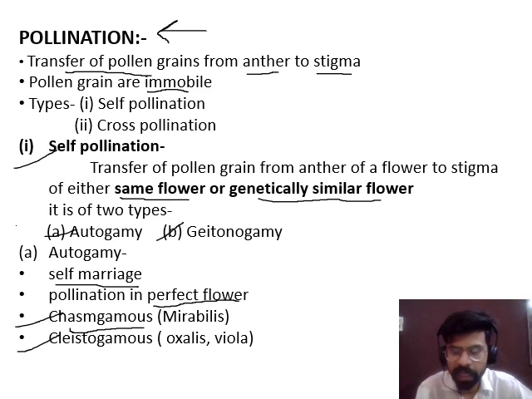Closed means the androecium and gynoecium, meaning anther and stigma, are enclosed and have no contact with the external environment. Examples: chasmogamous, Mirabilis; cleistogamous, Oxalis and Viola. Next.